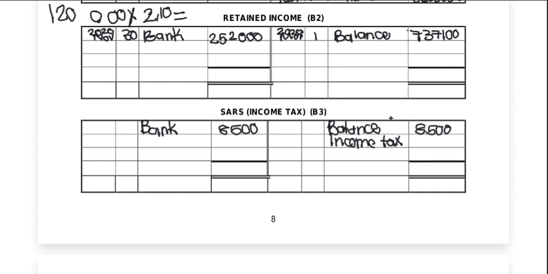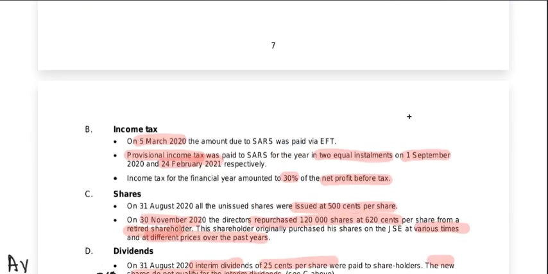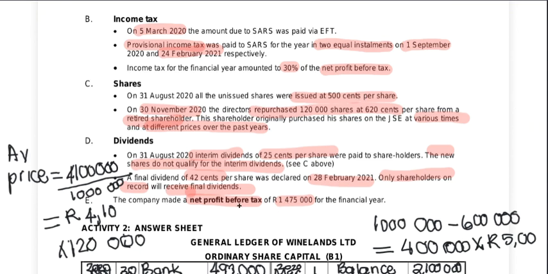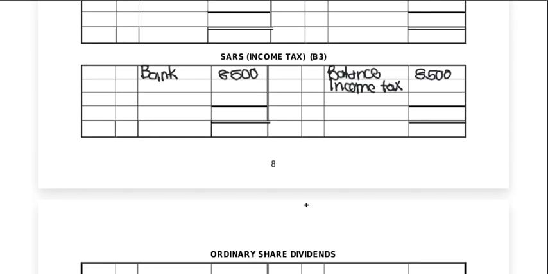So let's calculate that. We're told 30%, and this is on net profit before tax, so that will be 1,475,000 times 30%, which gives you 442,500. Remember, net profit before tax times the 30%.